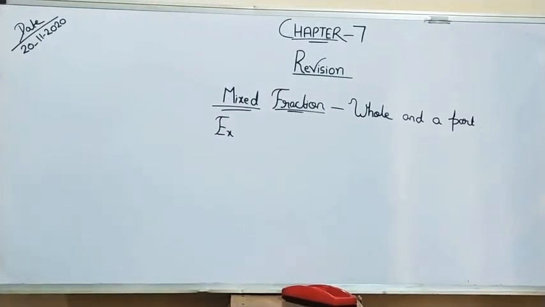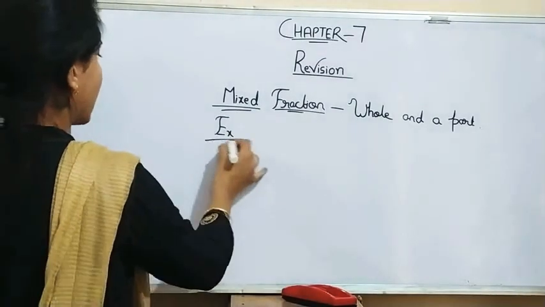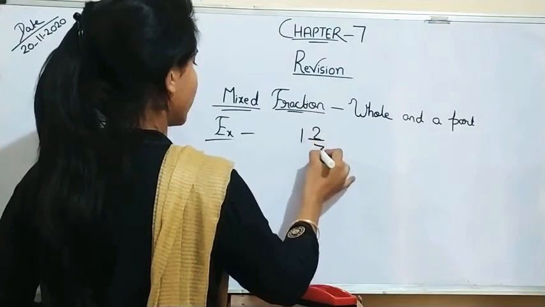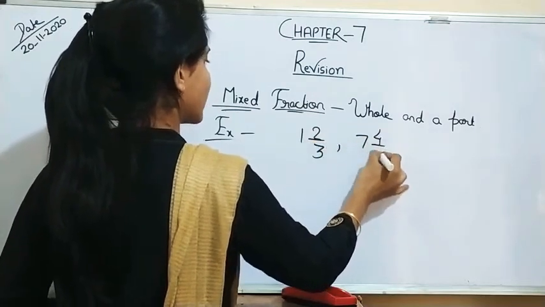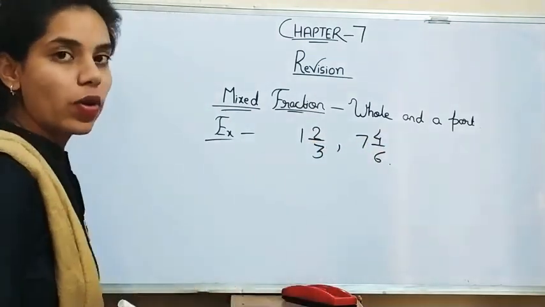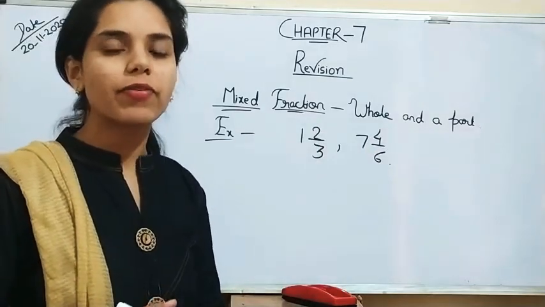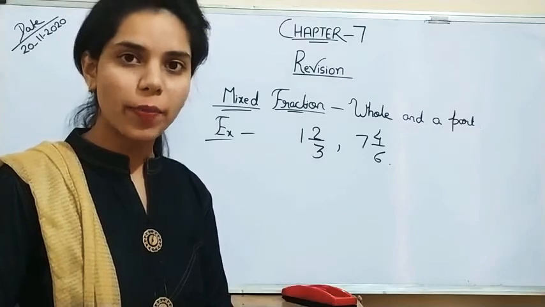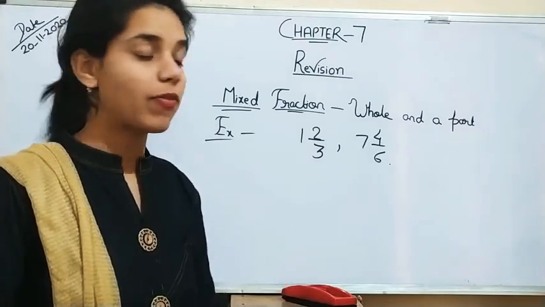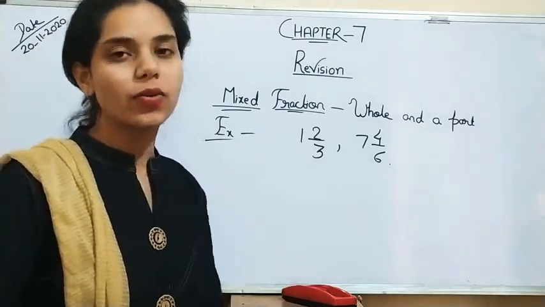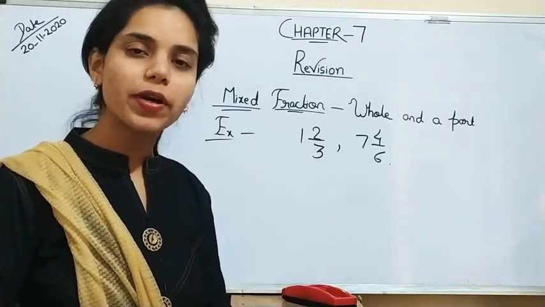Mixed fraction means a whole and a part. Examples, 1, 2 by 3, 7, 4 by 6, in this way. These are mixed fractions. So if we want to make the graph of an improper fraction, first convert it into the form of a mixed fraction, then you can make the graph.